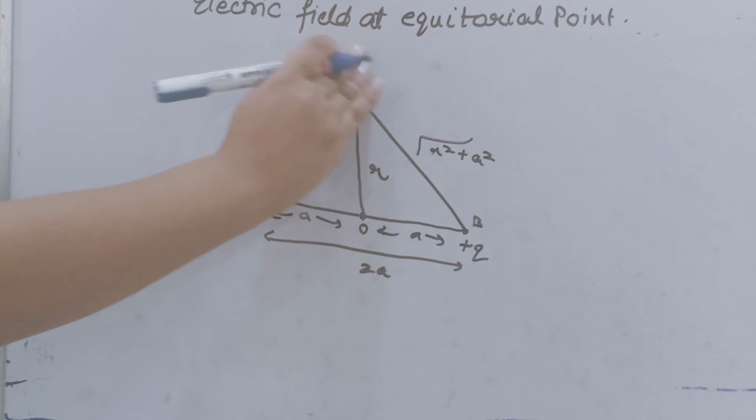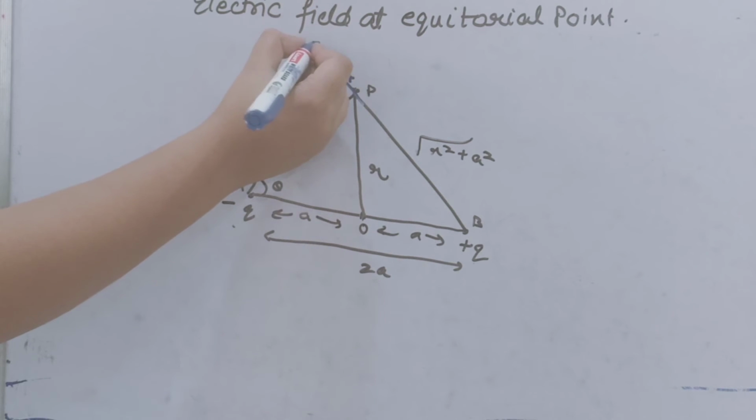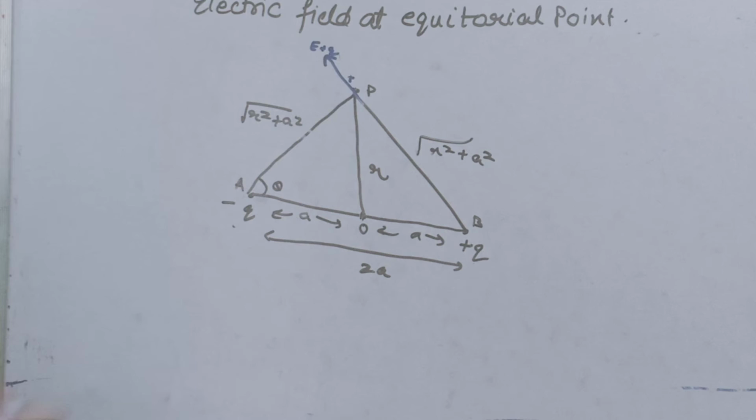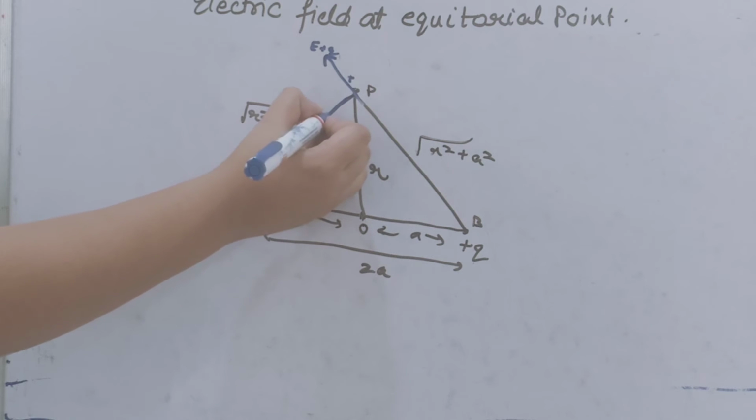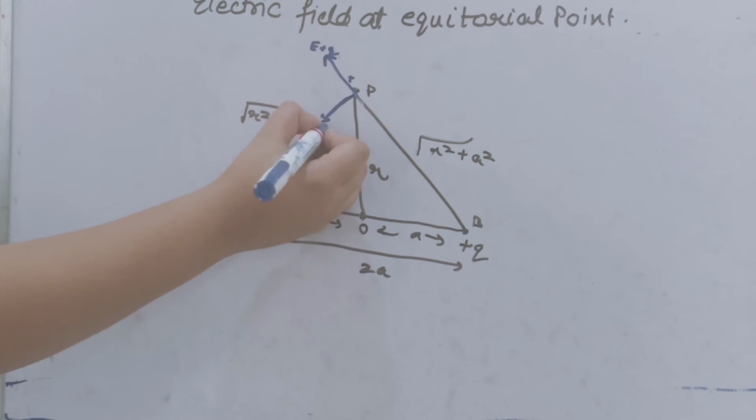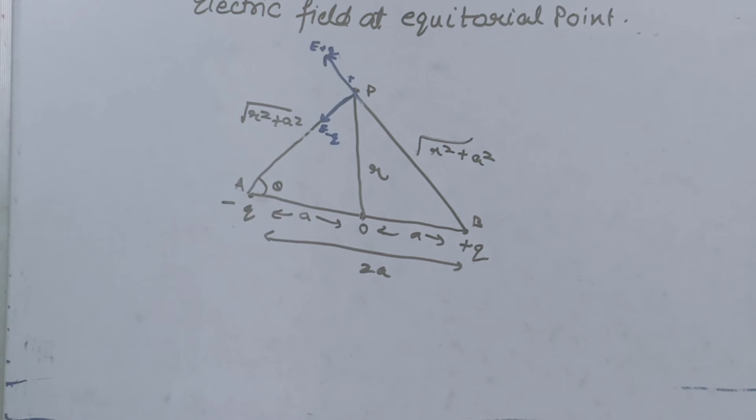Let me write it. That is E plus Q. Similarly, this charge and this charge will attract each other, and this will be the direction of E minus Q.